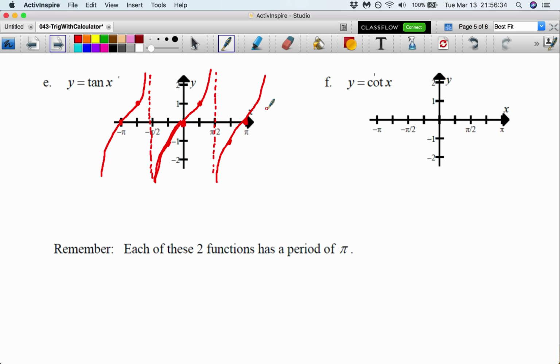So what does cotan do? Well, same rules as before. Whenever tan hits 0, we're going to have an asymptote. So pi, at negative pi.